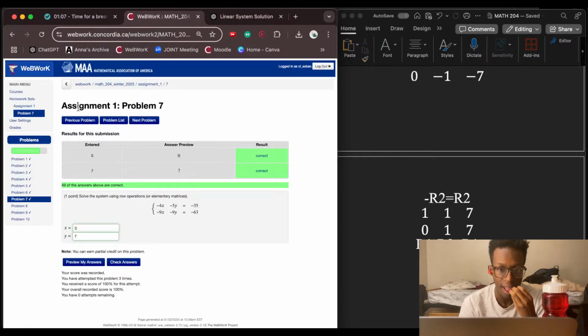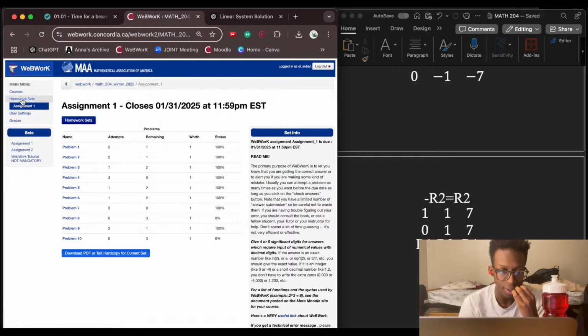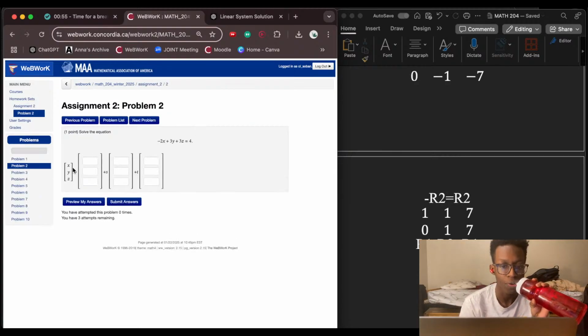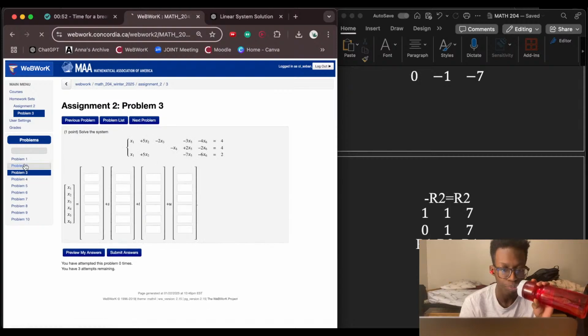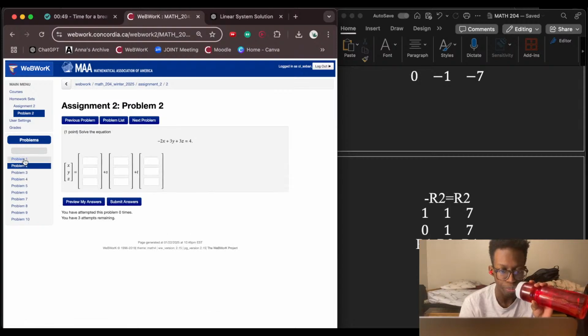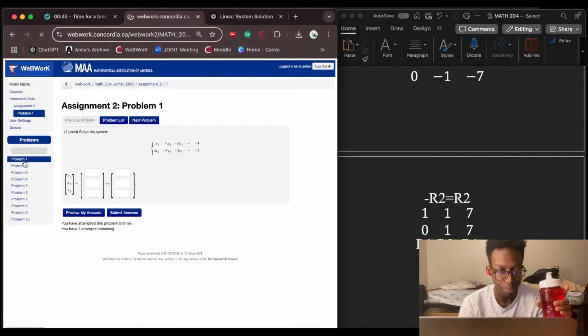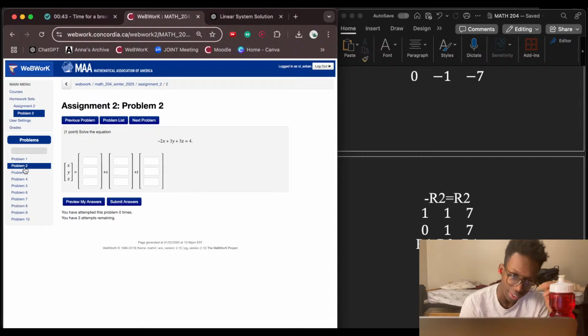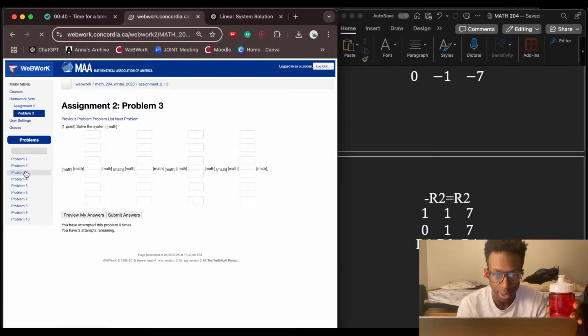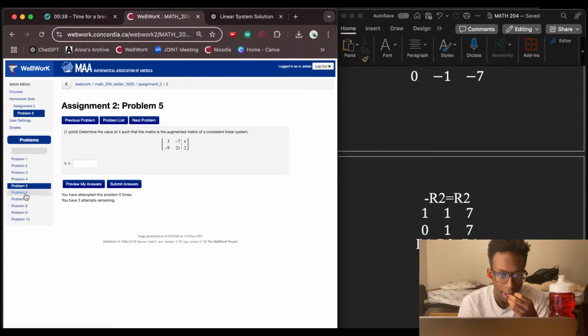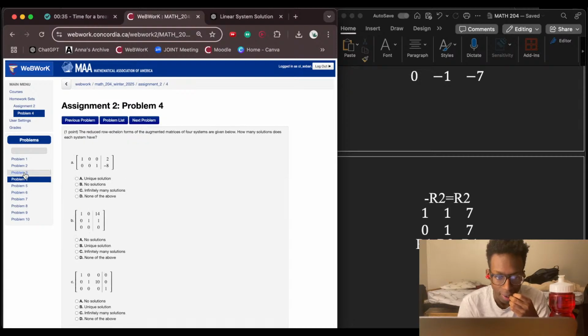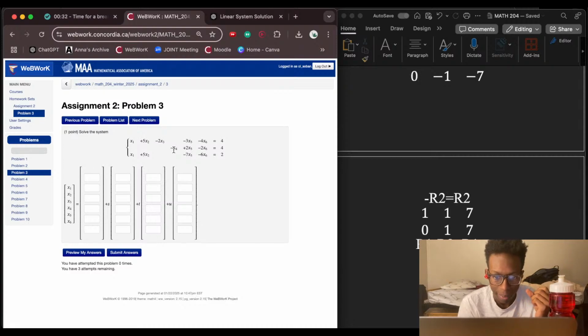So we have that done. We can move over to the next assignment, which is assignment 2. Not these two. I could do this one, easy peasy, but I don't want to. I want to do this one over. This one's so long. Okay, no, I don't want to do that bad, because you just have to figure out which one's the leading one and then you just have everything else not.